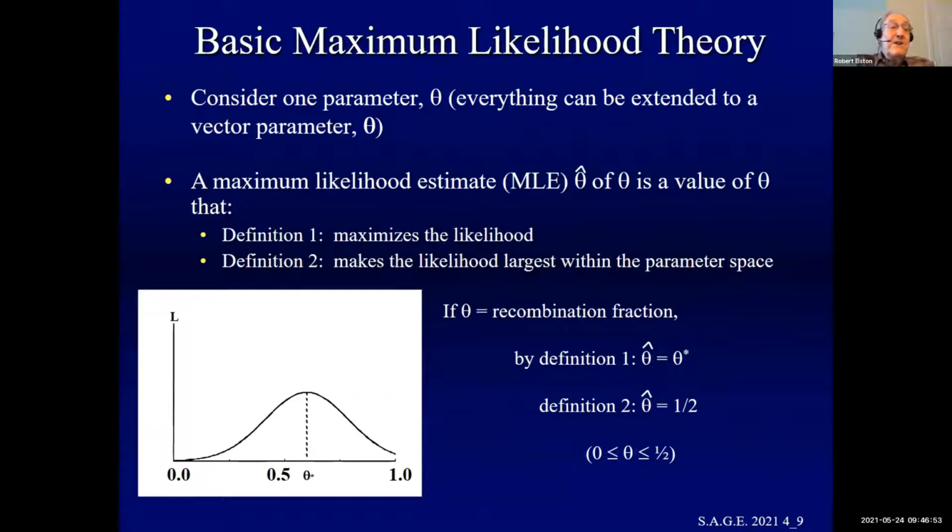And in fact, the recombination fraction has to lie between 0 and 0.5. So it's important to realize that within S.A.G.E, we take definition two most of the time, and that leads to some problems, which we try to take care of.